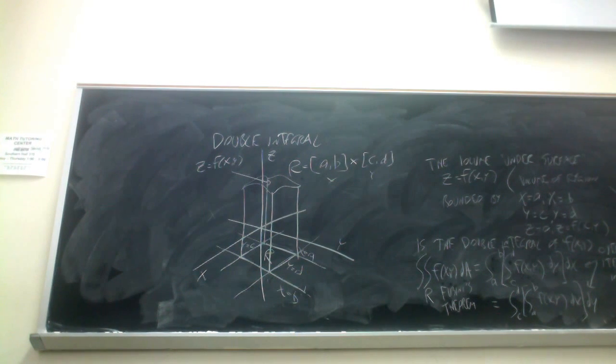The first interval listed is always x. And then 0 to 2 in y. So I can write this as the integral from 0 to 1 dx of the integral from 0 to 2 dy of my function.